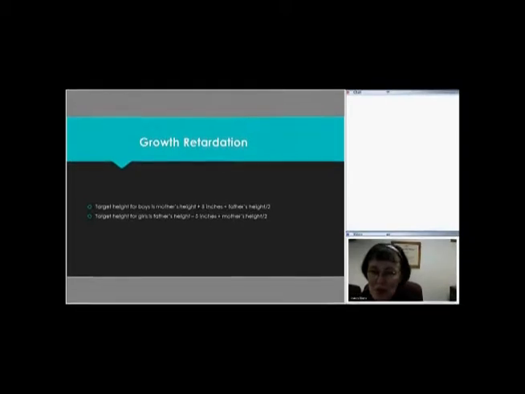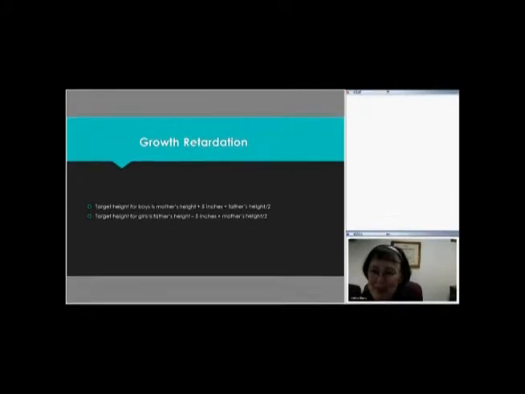So if you're seeing somebody for the very first time, and you think they have an endocrine disorder, if the parent is not there, then you can ask the heights of the father and the mother. And you can think about your own parents now and see if that actually works for you.